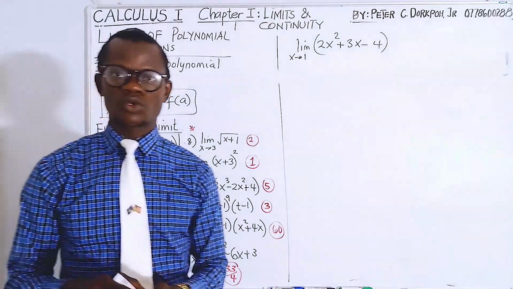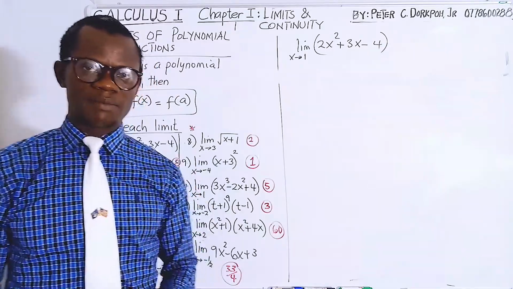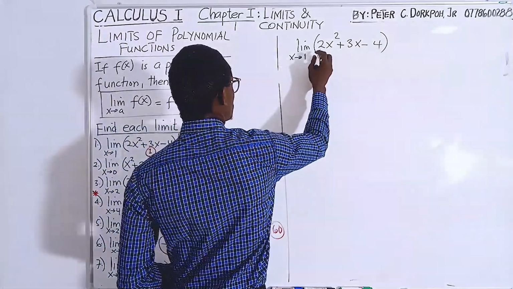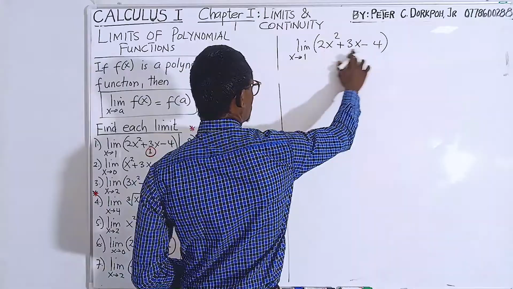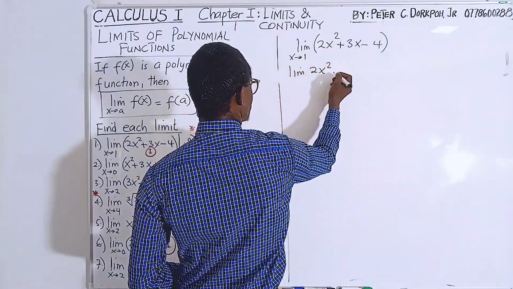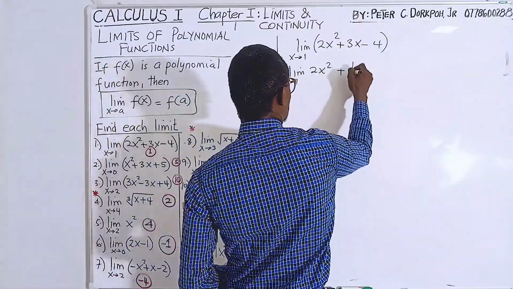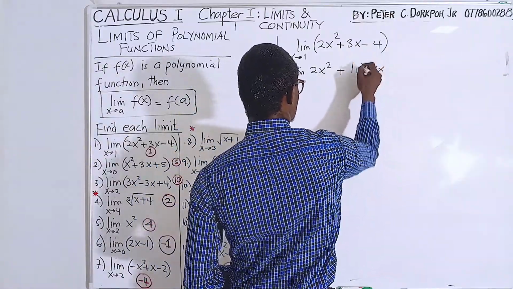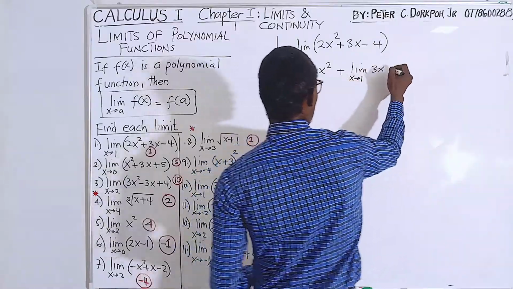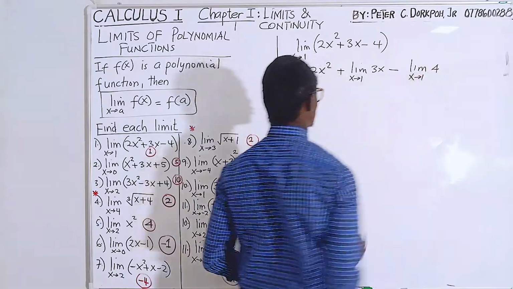But if you were asked to determine the limit by applying the properties of limits, then the first thing you need to do is to take the limit of each term. So you take the limit of the first term, 2x squared, as x is approaching 1, plus the limit of 3x as x is approaching 1, minus the limit of 4 as x is approaching 1.